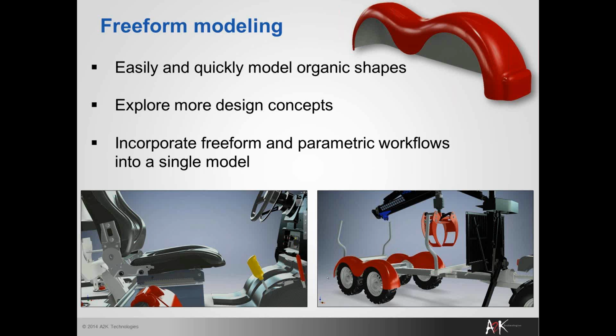It can be to explore design concepts as well. So when we're in that freeform state, where we're unsure about the geometry, we're unsure about what it's going to look like, etc., and we just want to get some designs out the door and some concepts done. Incorporating freeform and parametric workflows into a single model.